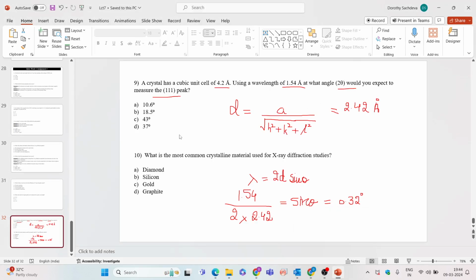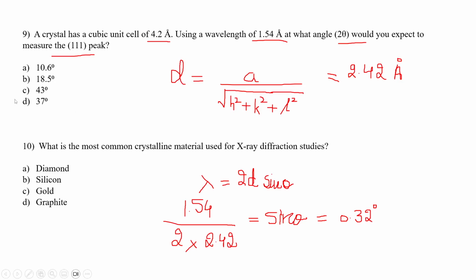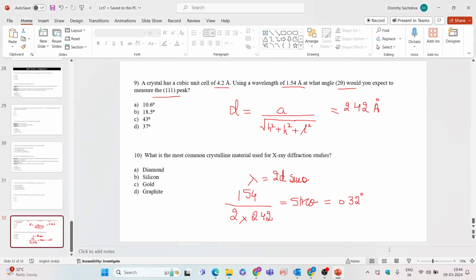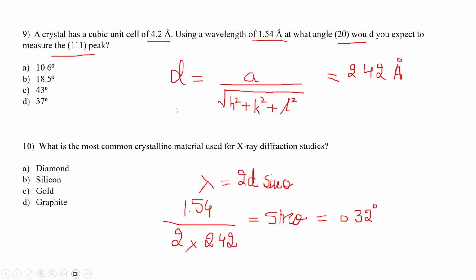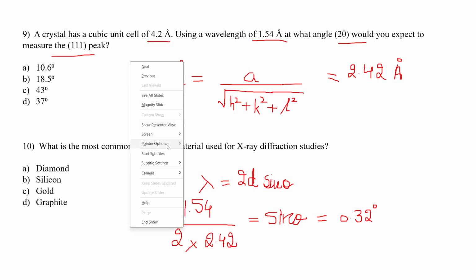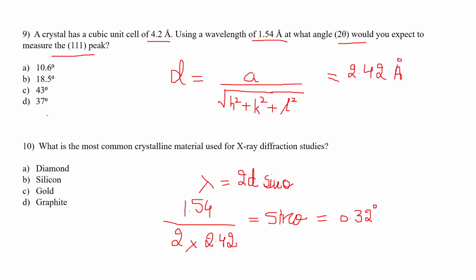So its double will be 37. So the correct answer will not be option B, it will be option D, 37 degree. From here you can get only the value of theta, but they have asked the value of 2 theta. So the correct answer for 2 theta value will be option D, 37 degrees.